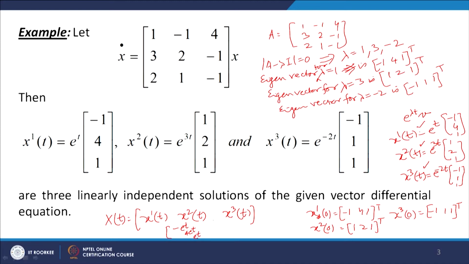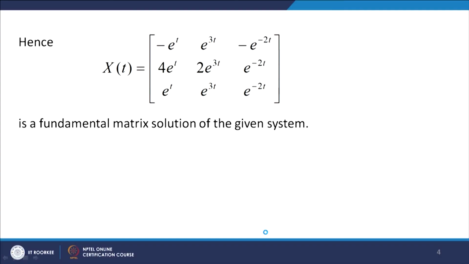The second column, similarly, is e to the power 3t, 2 e to the power 3t, and e to the power 3t. The third column is minus e to the power -2t, e to the power -2t, and e to the power -2t. This is how we form a fundamental matrix of solutions of x dot equal to Ax. So X(t) is this matrix, a fundamental matrix solution of the given system.